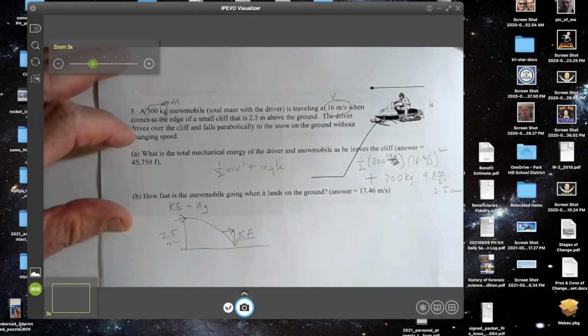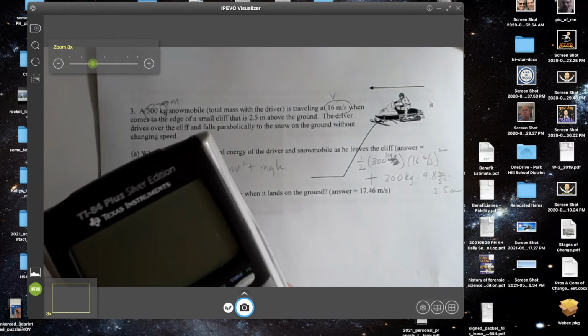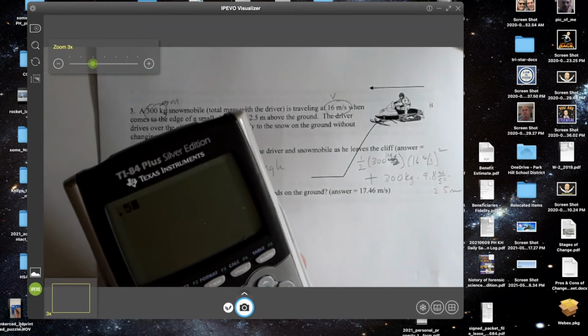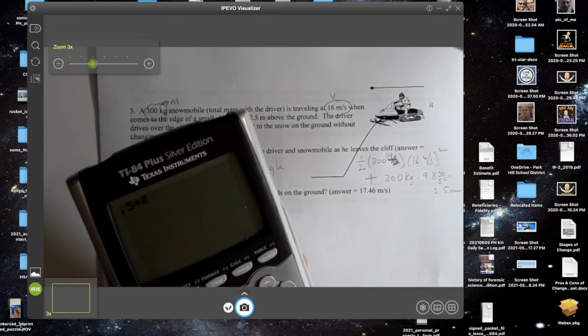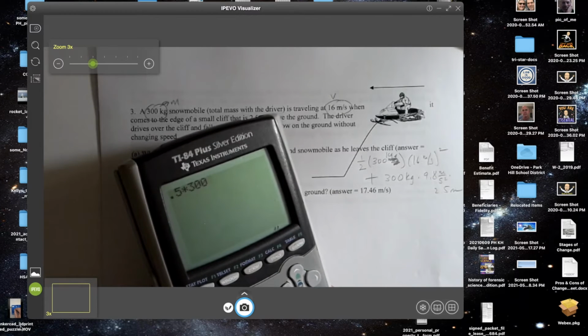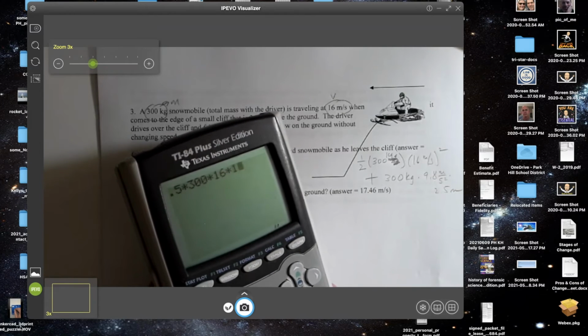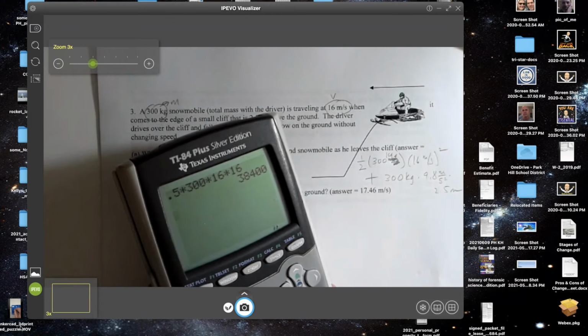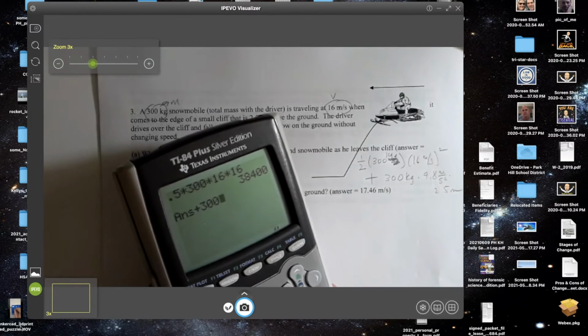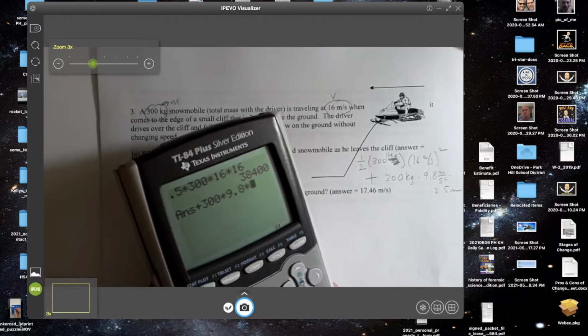We have a product, 1/2 times the mass, 0.5 times 300, times 16 squared. There's your kinetic energy, plus the mass, 300, times 9.8, times 2.5.